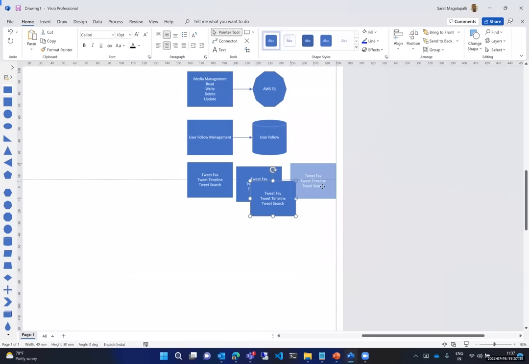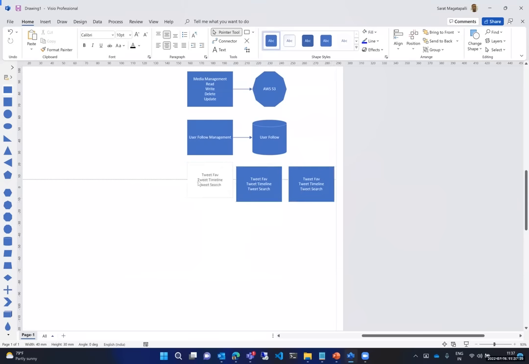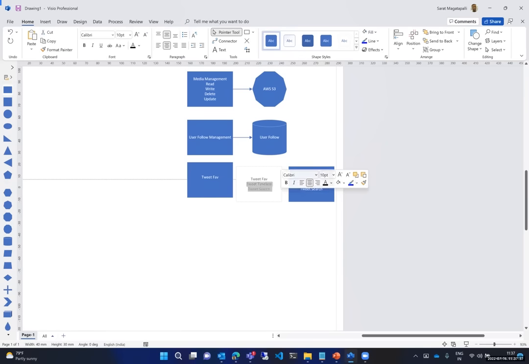So these are the modules. This is the module for favorite management, tweet favorite management. This is a module for generating the timeline. And this is the module for search.